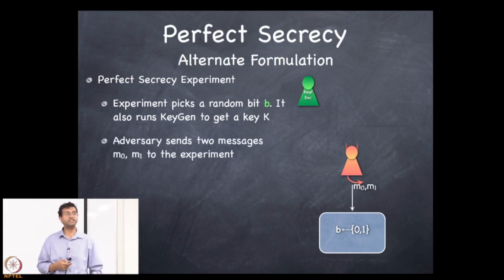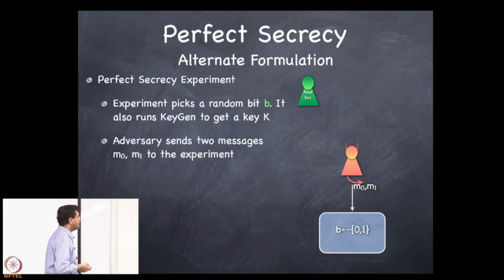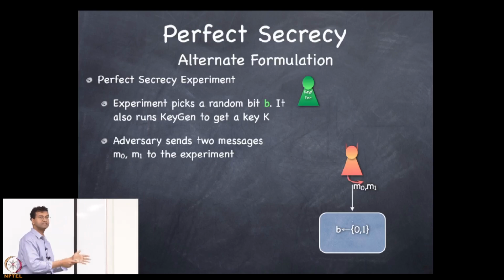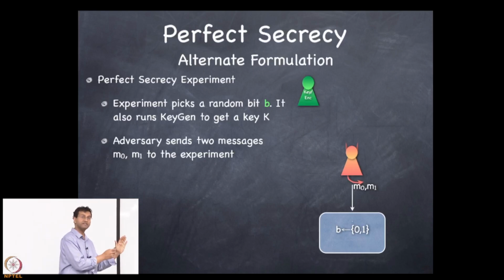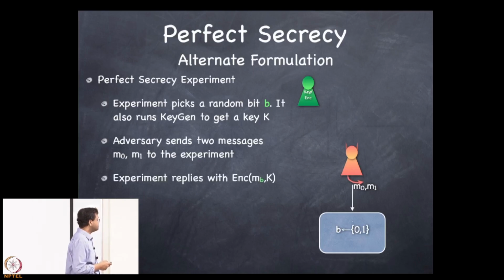You ask the adversary to give you two messages, any two messages of its choice, M0 and M1. These, of course, should be messages from the message space that's implicit. The encryption scheme is for some message space, and these two messages should be from that message space. And what the experiment does is pick one of these two messages.